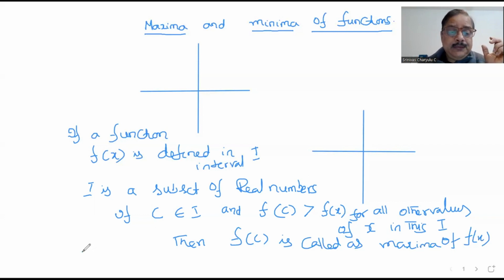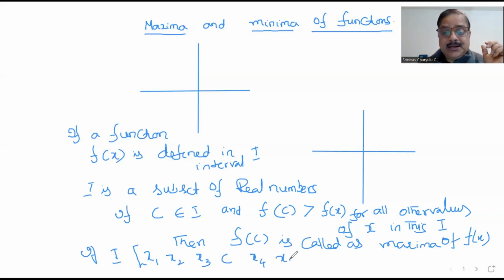So if I, let us say, is defined from x1, x2, x3, let us say C, x4, x5, like that, I have defined. Now just observe this clearly: x1, x2, x3, C, like that I am defining an interval.